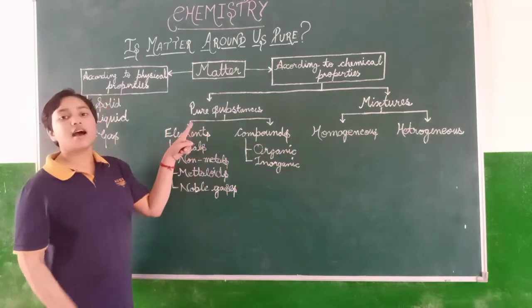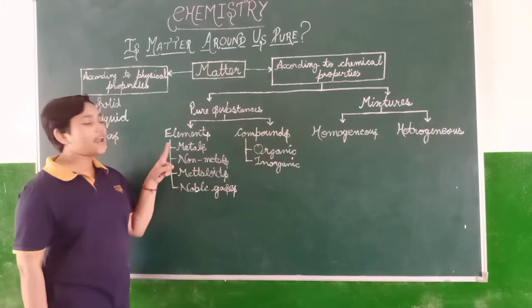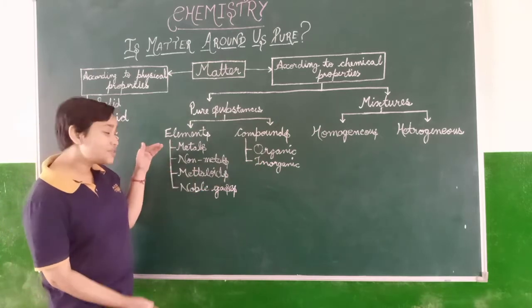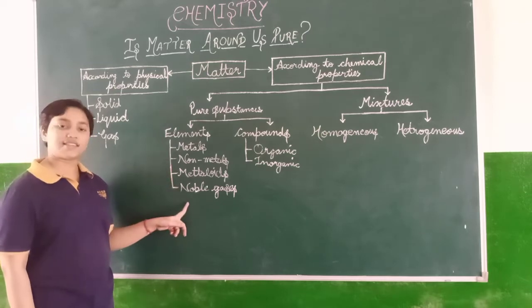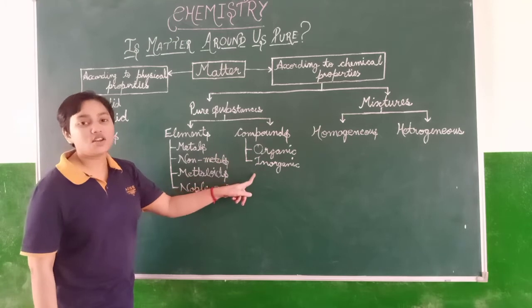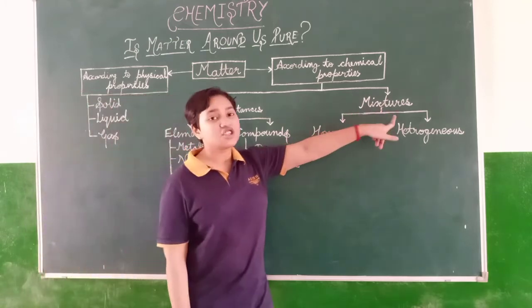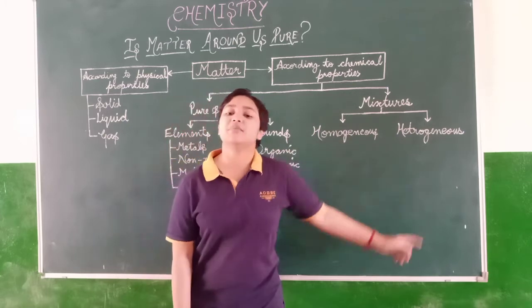Pure substances are again divided into two groups: elements and compounds. Elements are again divided into four groups: metals, non-metals, metalloids and noble gases. Compounds are of two types: organic compounds and inorganic compounds. Mixtures are divided into two: homogeneous and heterogeneous mixtures.